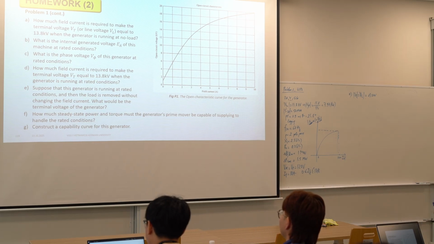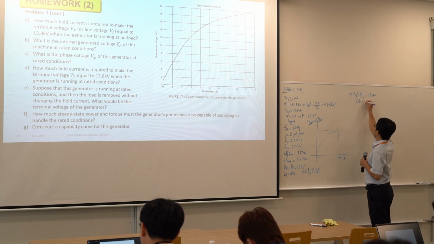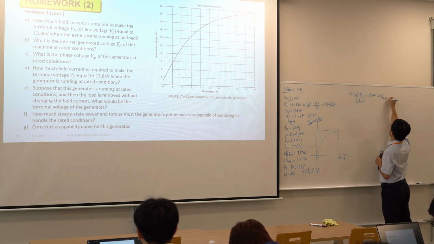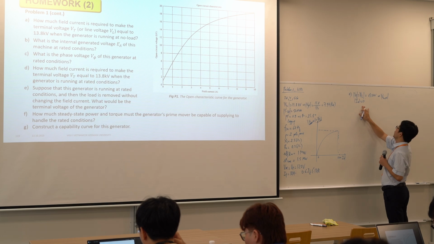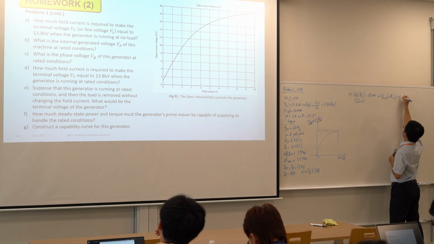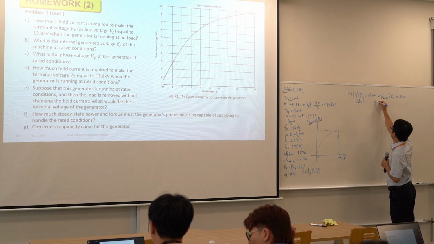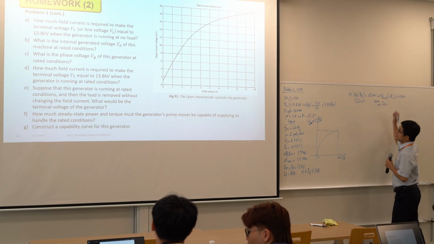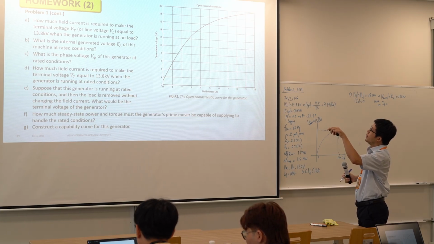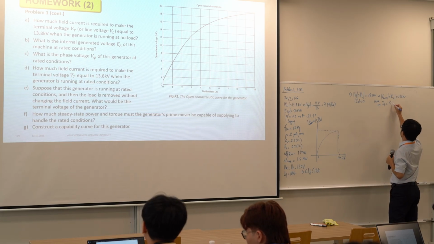When the generator is running at no load, so IA is 0, we have V line open circuit equal to 13.8 kV. If we use the curve, you can get IF, nearly 3.5 amperes.